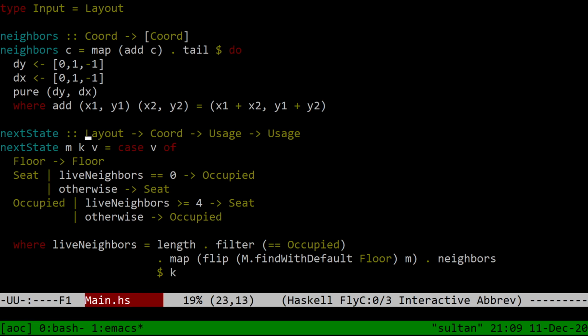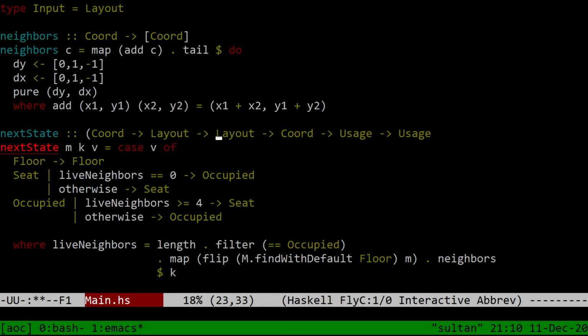So next state will take first a function from layout and coordinate, let's say, to... I could say list of coordinate, which is like, here's where you're supposed to look for neighbors.